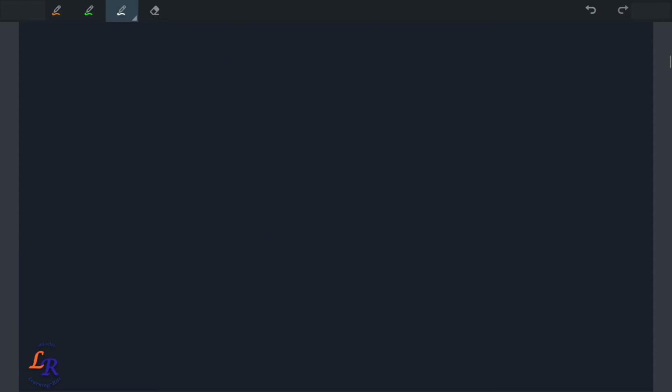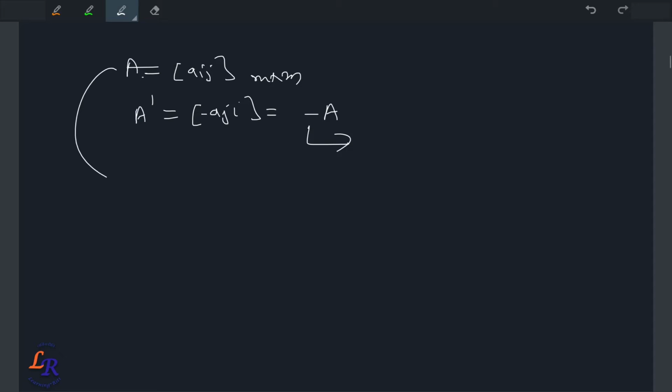Now you can have the other case. Let's say A is equal to Aij, again a square matrix m cross m. If A dash is represented as minus Aji, it would mean you can take a negative sign out, minus A. In that case, this matrix A is called a skew symmetric matrix.